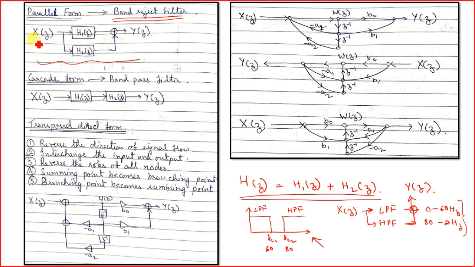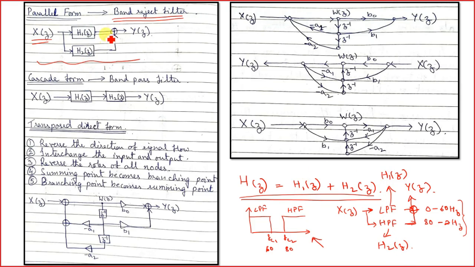If you see, X(z) goes to H1. Say, for example, the transfer function of the low pass filter is given by H1(z), and the transfer function of the high pass filter is given by H2(z).